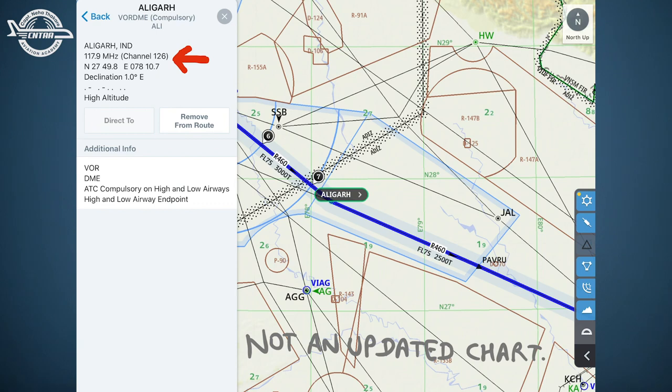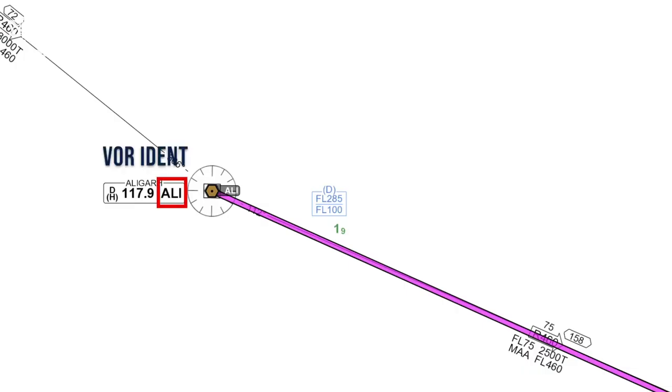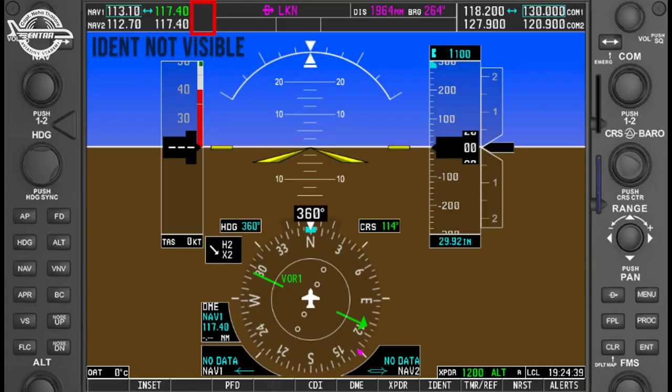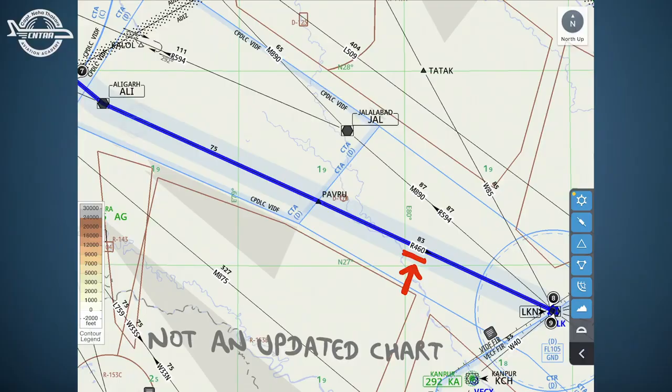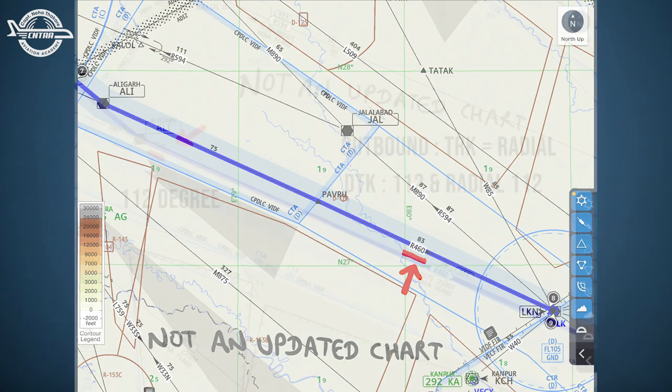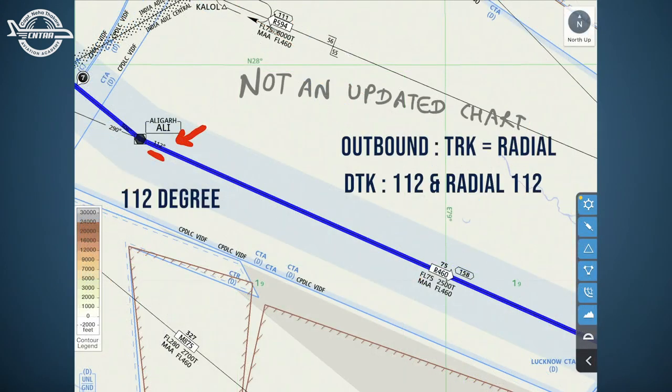As you approach Alpha Lima India VOR, you need to tune to VOR frequency of 117.9 as depicted here by the red arrow, and identify if ident is not visible on ND or MFD. You need to follow the airway Romeo 460 after crossing the VOR, for which the outbound radial is 112.